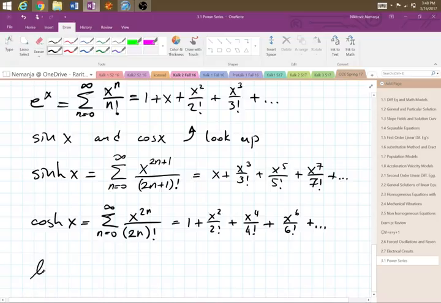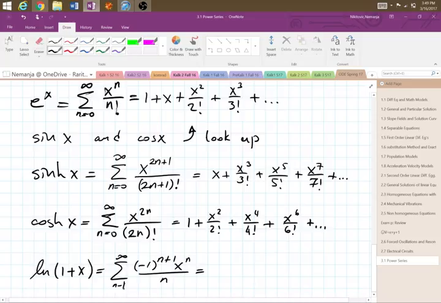Ln of 1 plus x, and if you just need ln of x, you just do the substitution and plug stuff in. I'll show that very soon. Summation of negative 1 to the n plus 1 times x to the n over n. No, that one starts at 1.